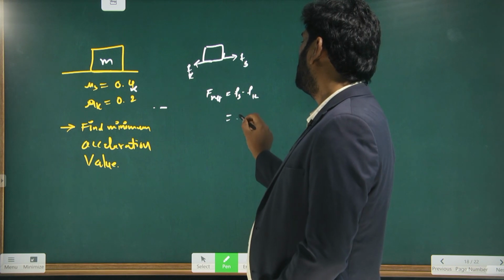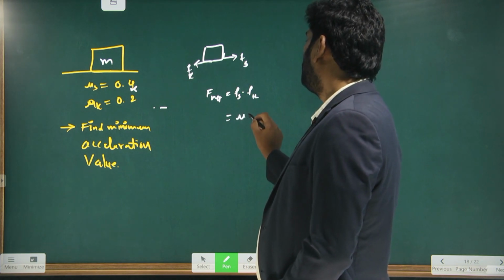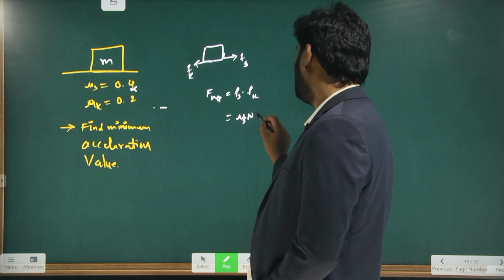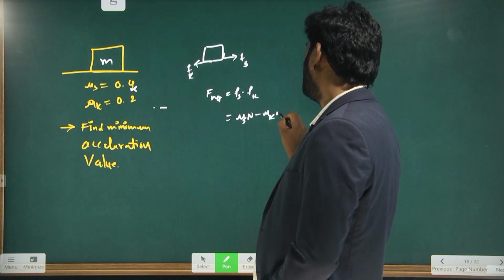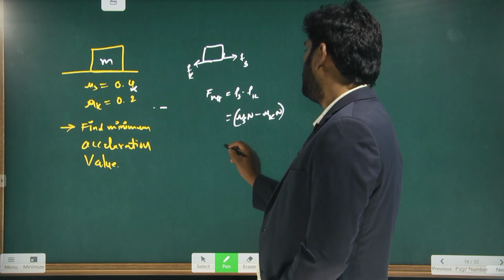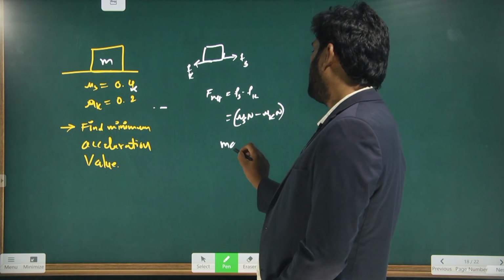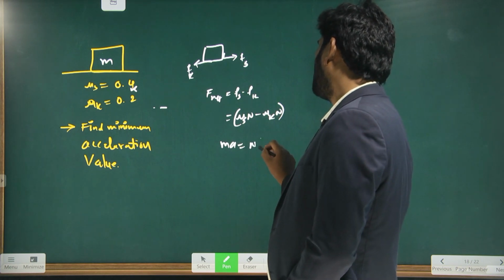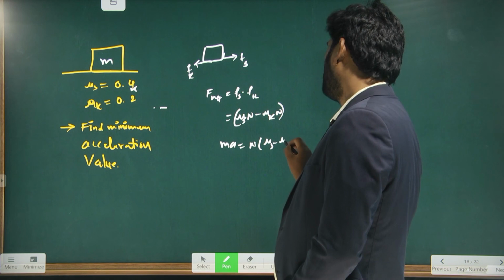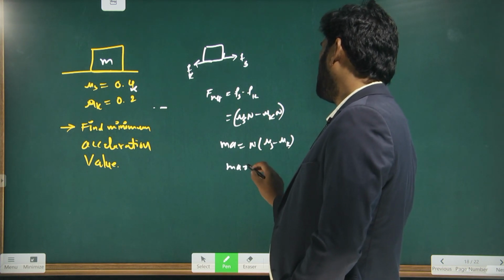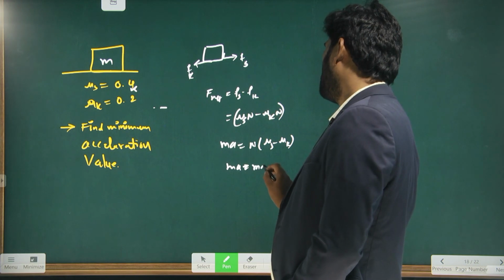Net force acting on the body is Fs minus Fk. It would be mu s N minus mu k N. F net is mass into acceleration. Taking mu N common, mu s minus mu k. What is the value of N here? mg.